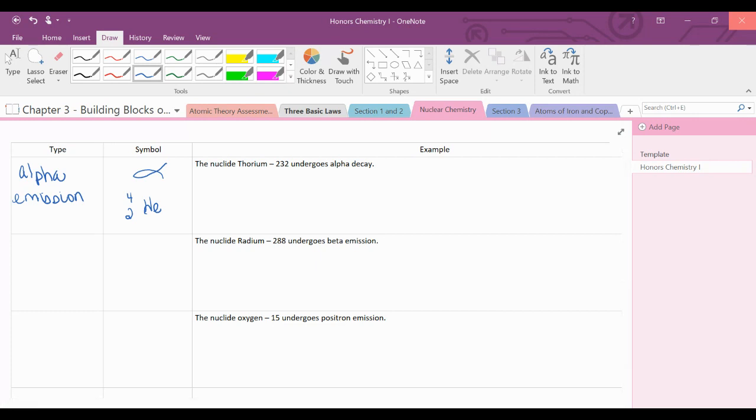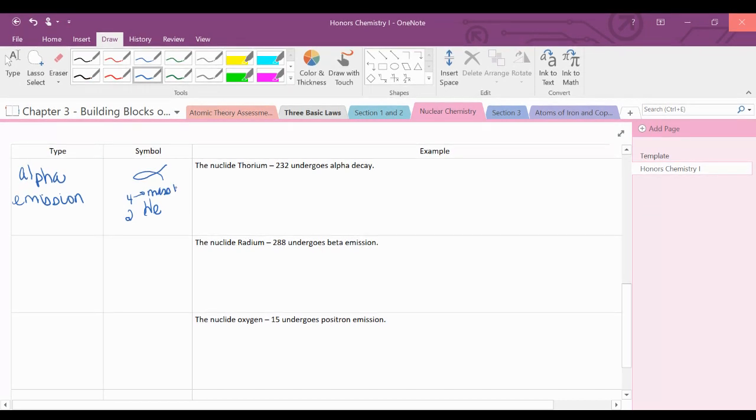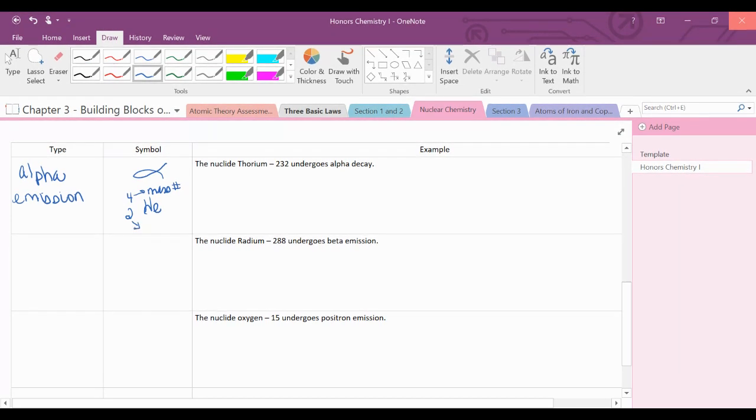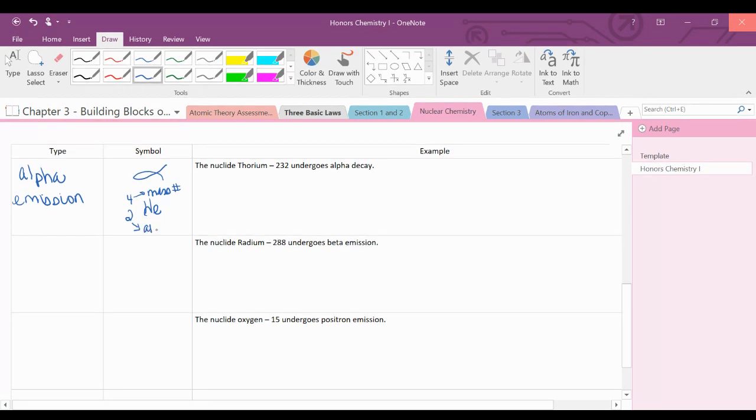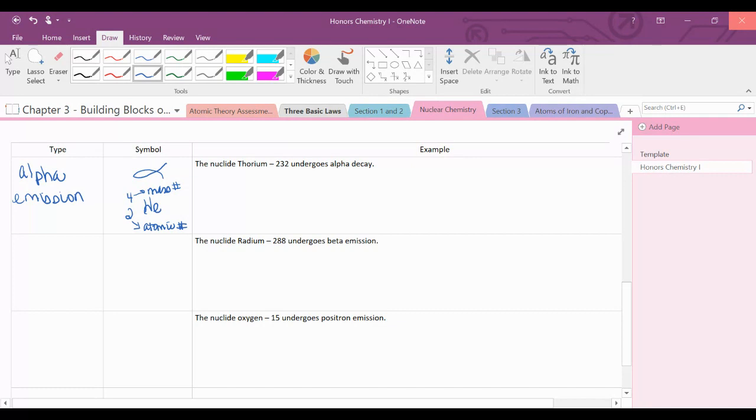We should know that this superscript number is the mass number, and the subscript number is the atomic number, and He is the symbol for helium.